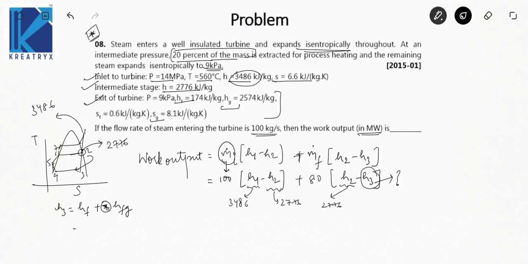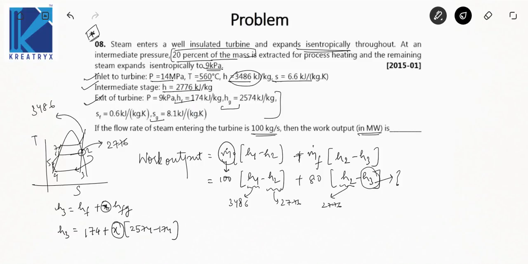Okay, now hf is 174 plus x, we don't know dryness fraction. Okay, and we don't know h3 also. hfg is hg minus hf, hg is 2574 minus hf 174. Okay, so now we don't know dryness fraction, so now we have to find dryness fraction.